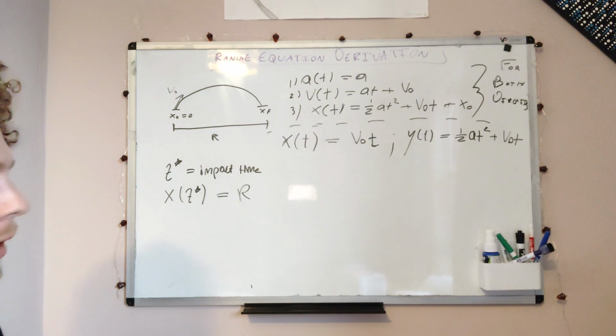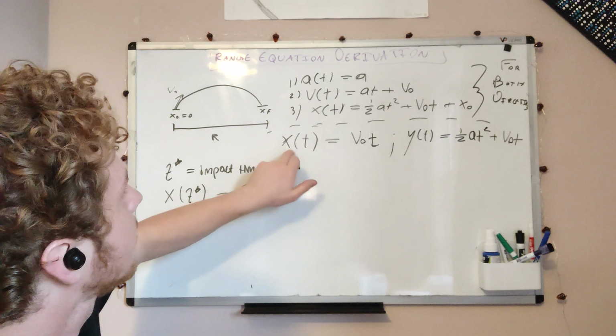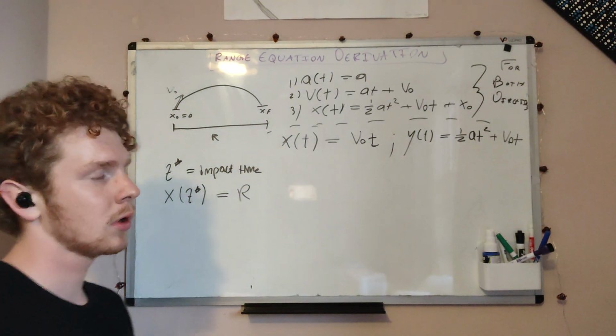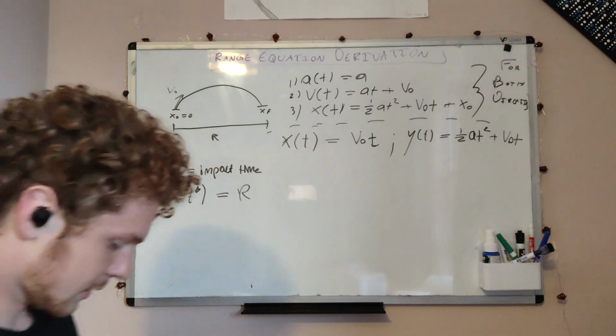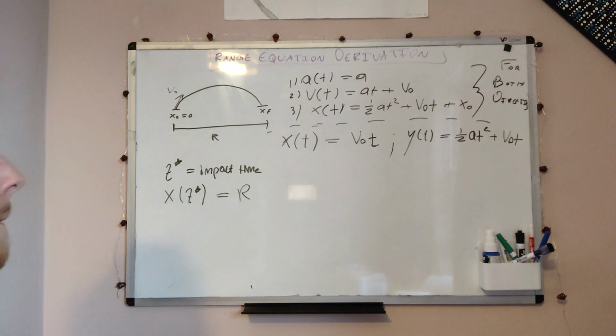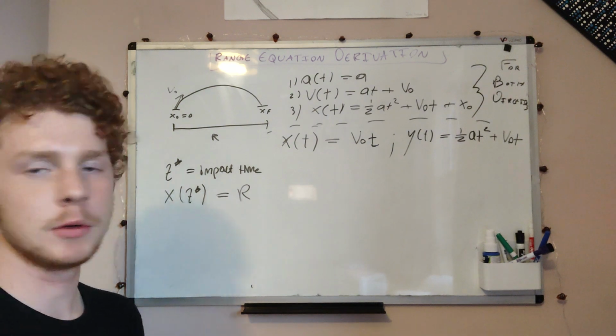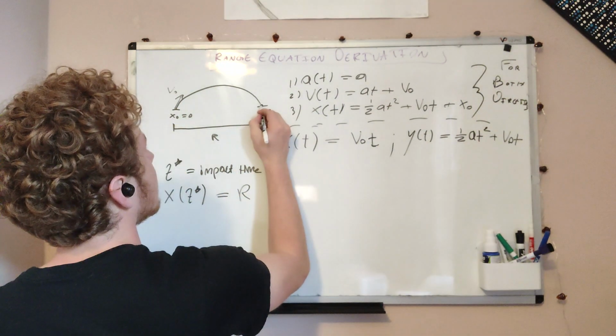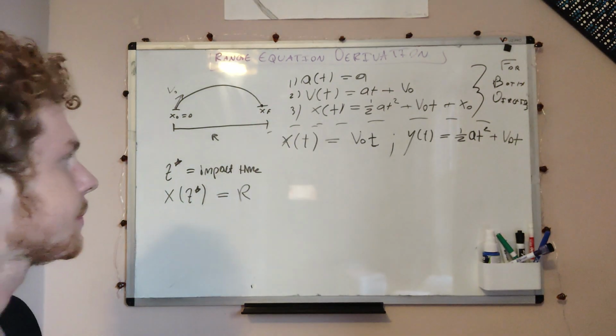So we now need to find x of t prime. Now the issue is that we don't know what t prime is, right? Because if we were to substitute this here, we'd get v naught times t prime. But what we do know is that they share a common point at the final position.